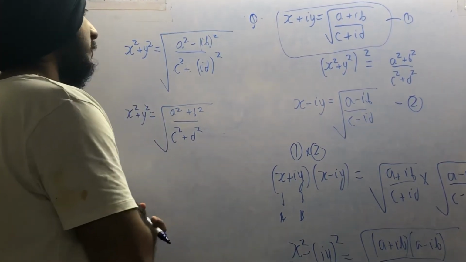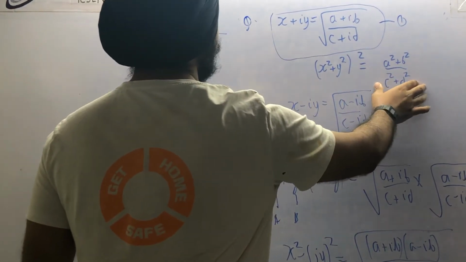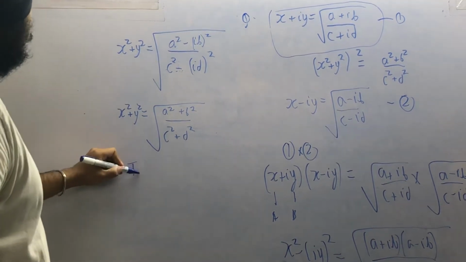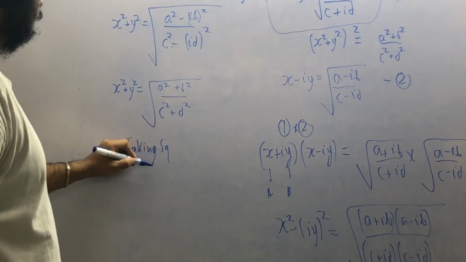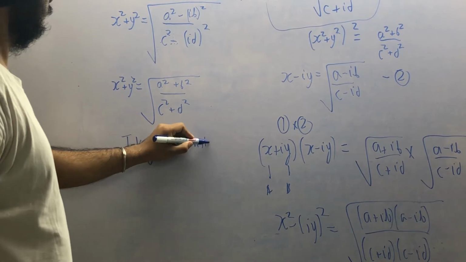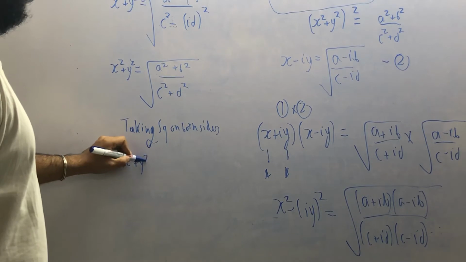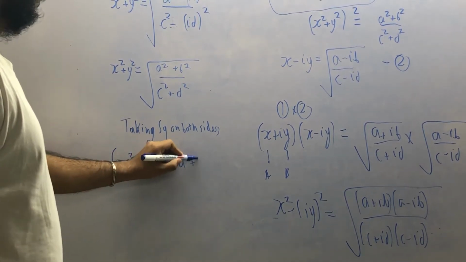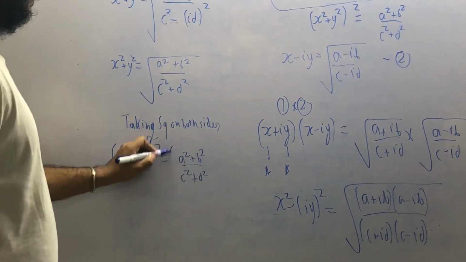Now what you can do here is, see here it is A square plus B square upon C square plus D square, and here it is whole square. So taking square on both sides, you get (x square plus y square) whole square is equal to (A square plus B square) upon (C square plus D square).